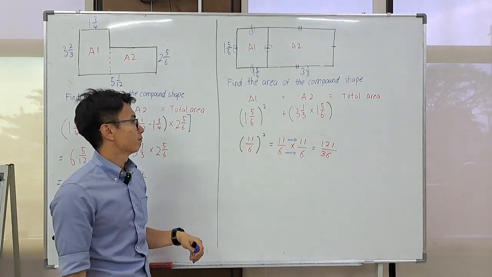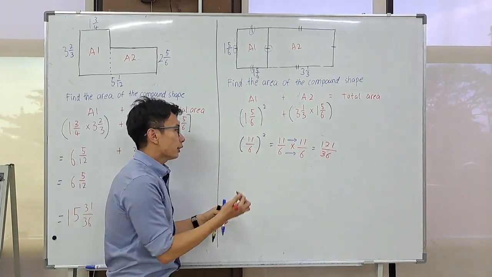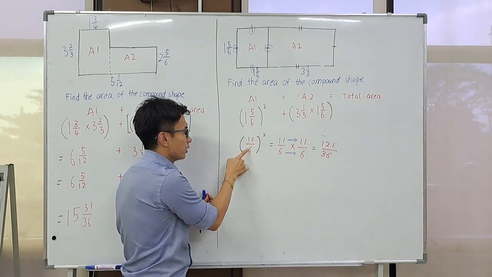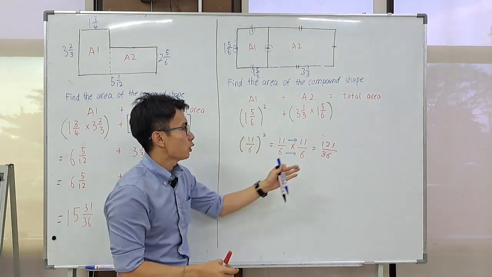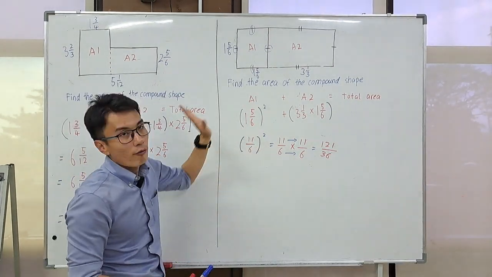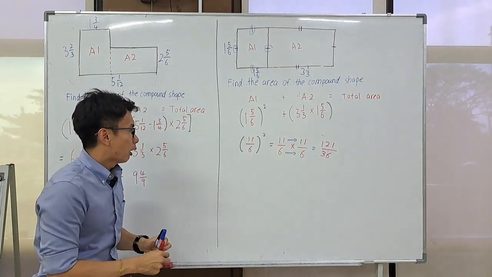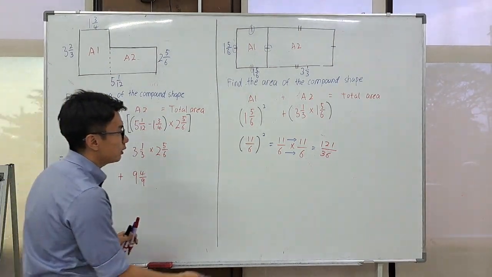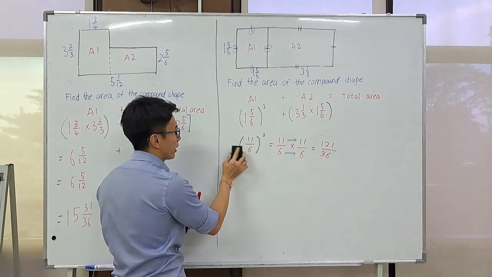All right, we're done. Another way to think about this: just square the numerator, square the denominator, and then you will end up with this. So that's how you square a fraction. Of course, again, we can do this with the help of our calculator.